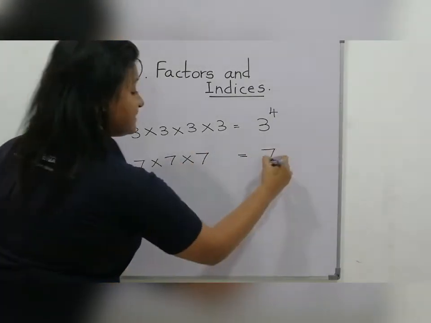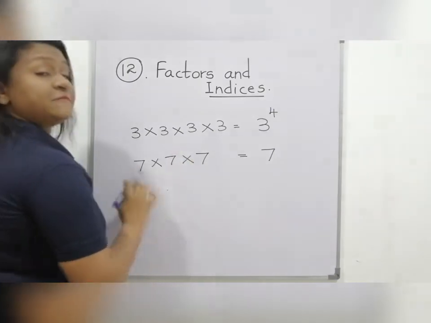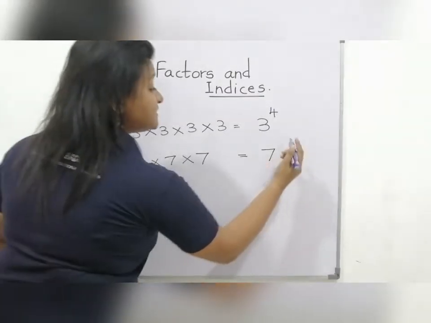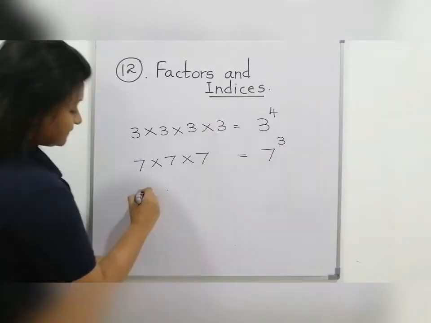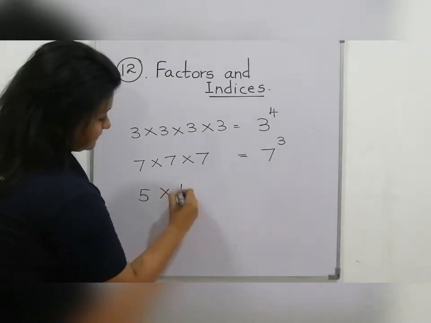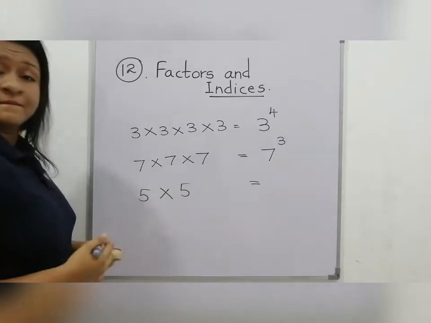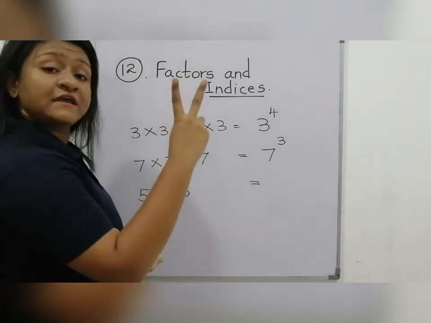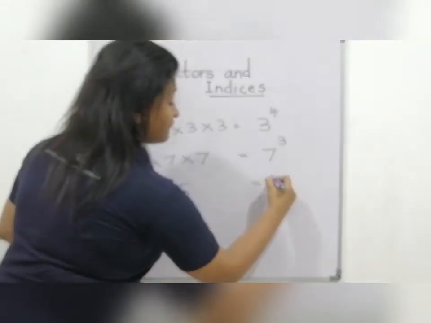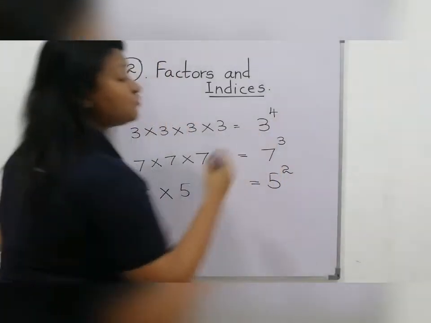This is 7 and it is multiplied 3 times. So this is 7 to the power of 3. Then look at this, my children. The 5 has been multiplied 2 times. So 5 to the power of 2.